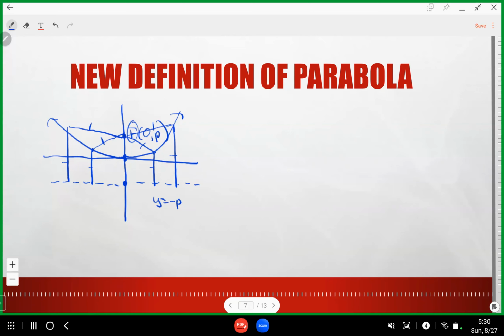As long as it's very similar, because we're just ballparking here. So that's basically the new definition of a parabola. Of course, it also has an axis of symmetry down the middle here, and it looks just like a regular parabola. It's just a different way of expressing a parabola. So that's the difference.